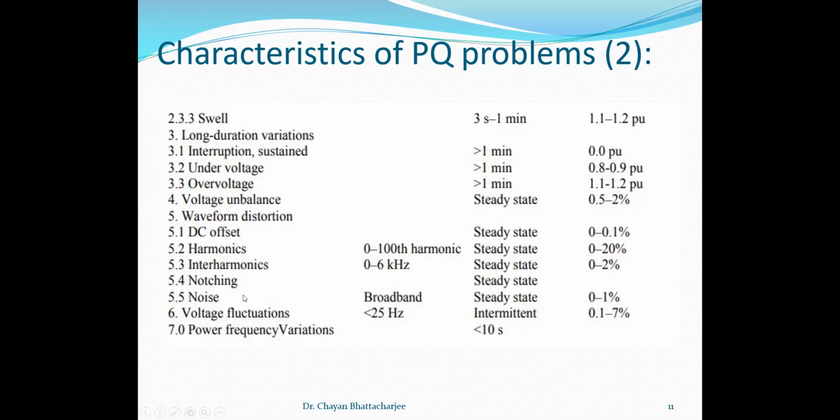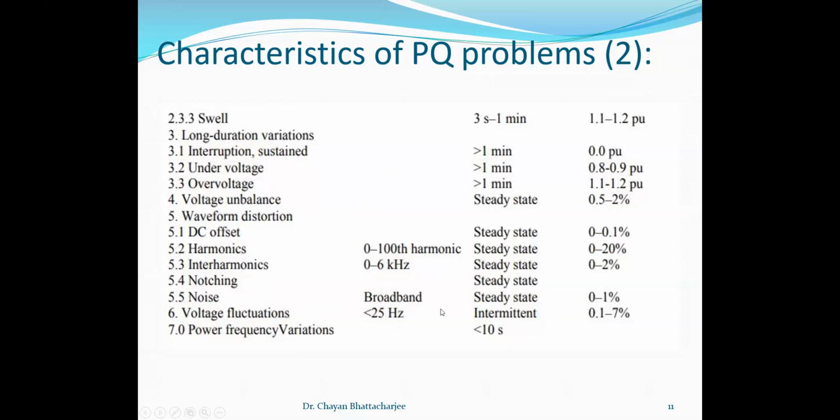Voltage suddenly falls whenever there is a short circuit in one leg, and again when the switch opens, the other switch opens, then the voltage restores. So that is basically notching. We will come back to that notching when we see the picture. Notching also can be realized by FFT, fast Fourier transform.